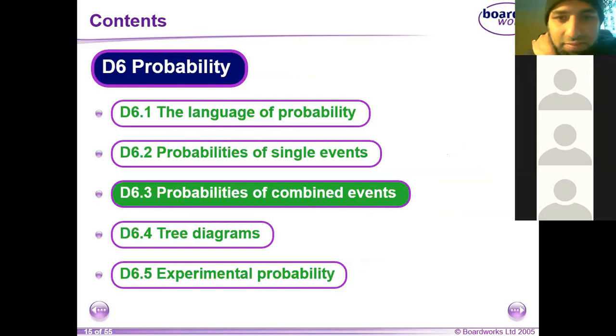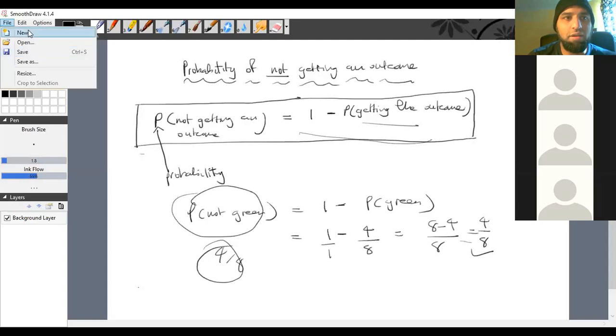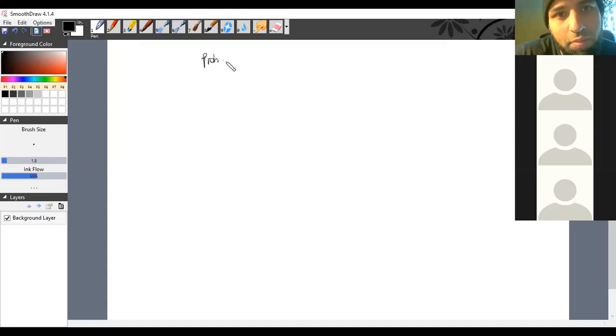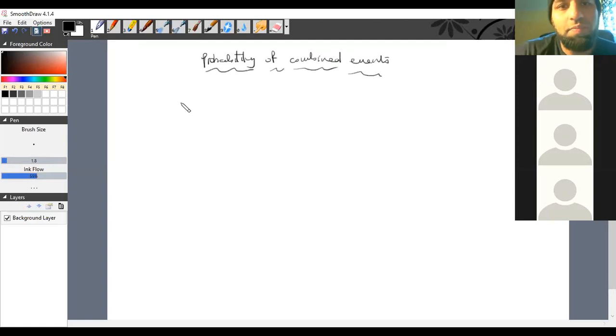Start the next section: probabilities of combined events.